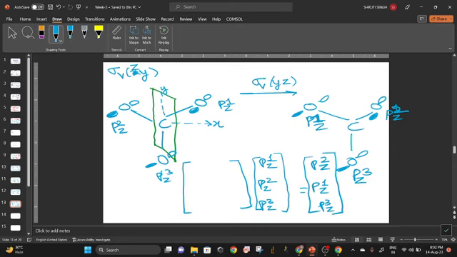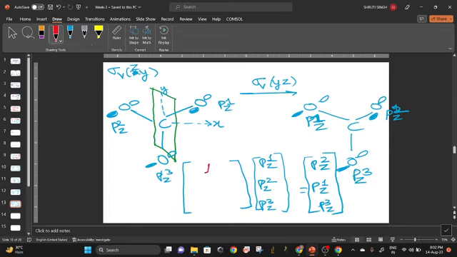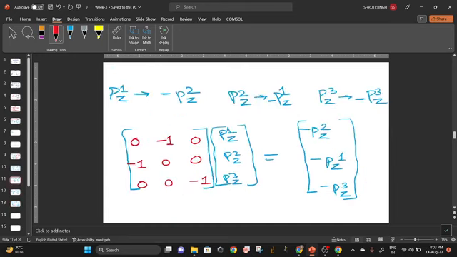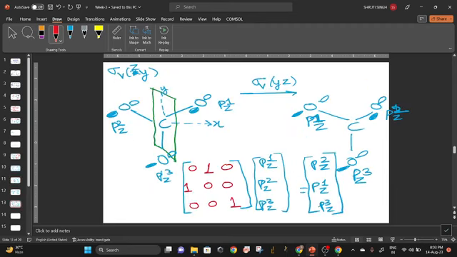Now 1 became 2, so here it should be 1, 0, 0. Then 2 became 1, so here it should be 1, 0, 0. And 3 remained 3, so here it should be 1, 0, 0. Is this the answer? Yes, ma'am, this is the answer. So D is correct.